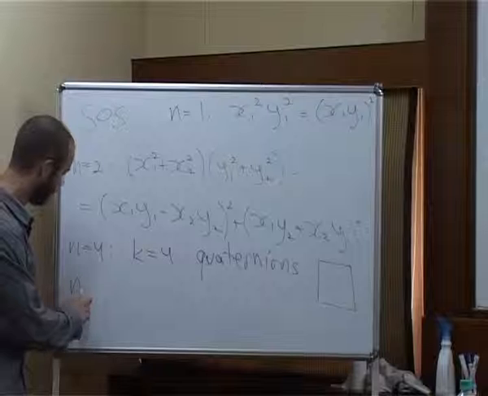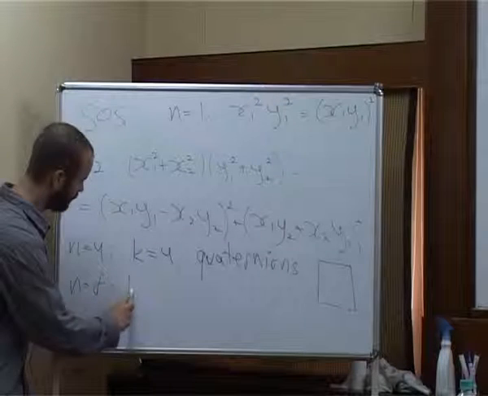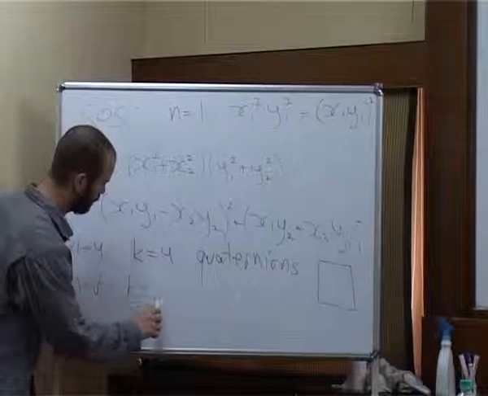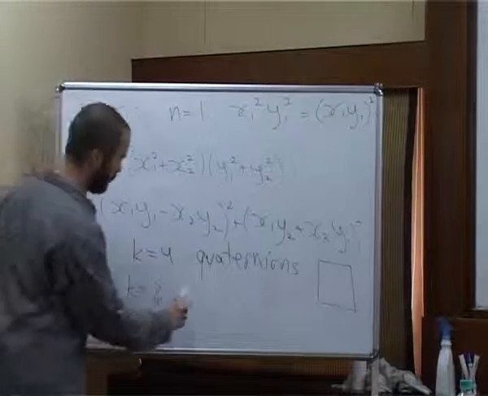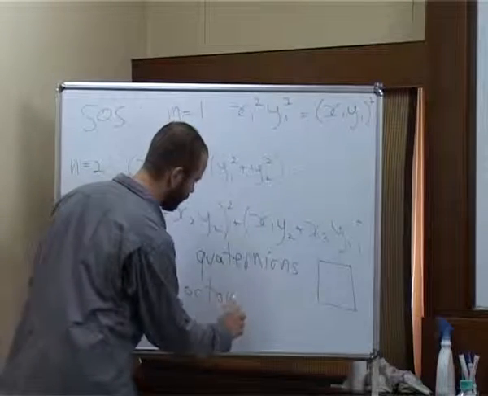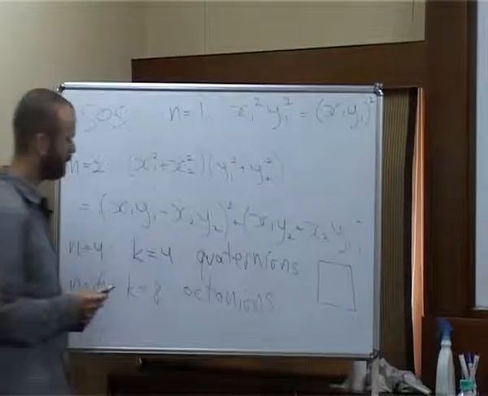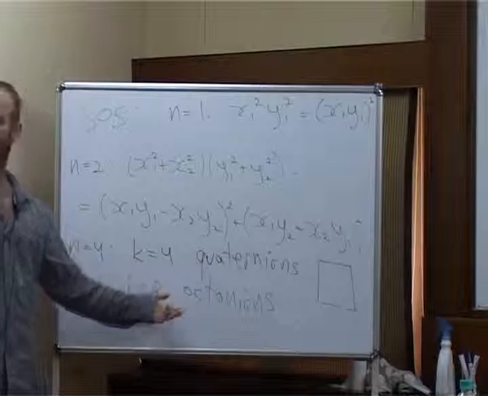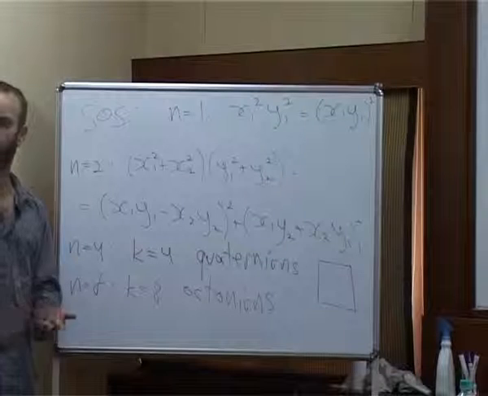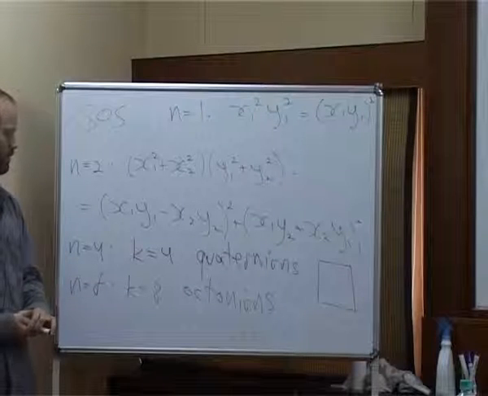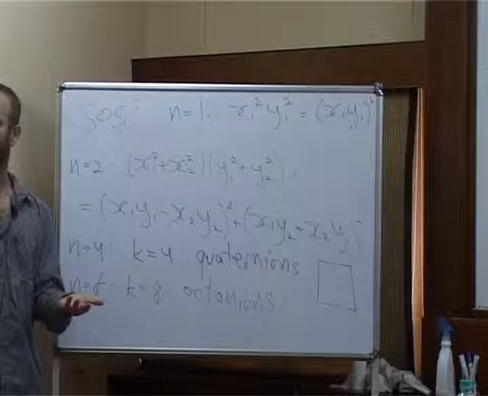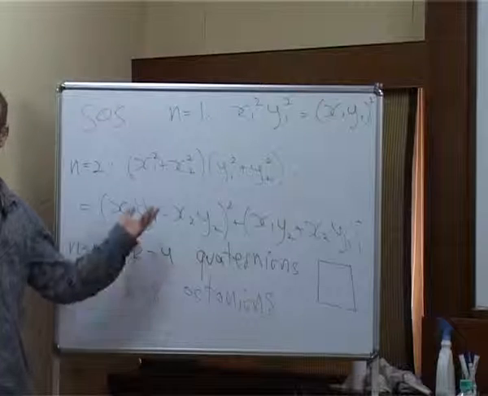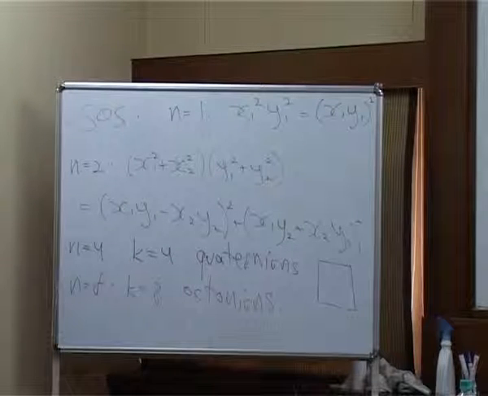And for n equal to 8, it turns out that k can also be 8. This is something called the octonions. This was discovered by Graves, who was somehow a student of Hamilton and talked with him about it. So he found an 8-dimensional version of the complex numbers.